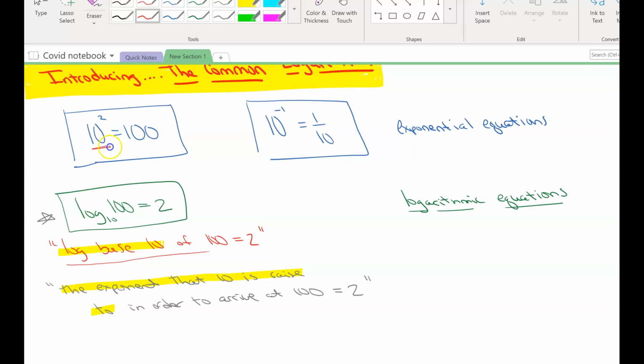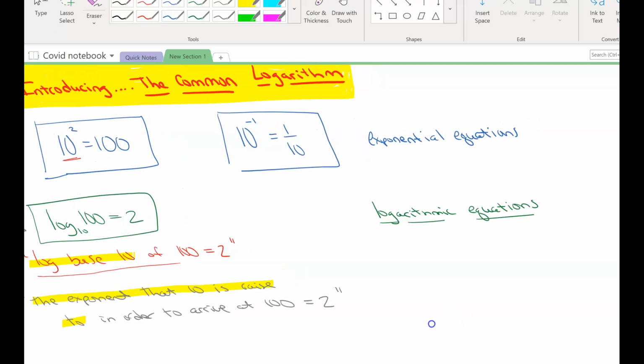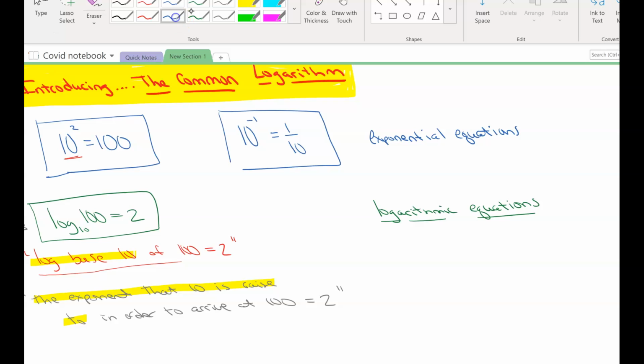That which is raised to the exponent is this base right down here. Okay? Similarly, let's rewrite this expression here as a logarithm. Log base 10 of 1/10 equals -1.